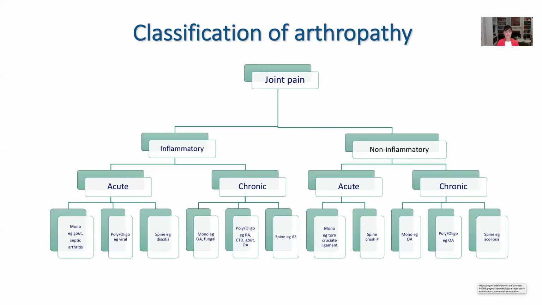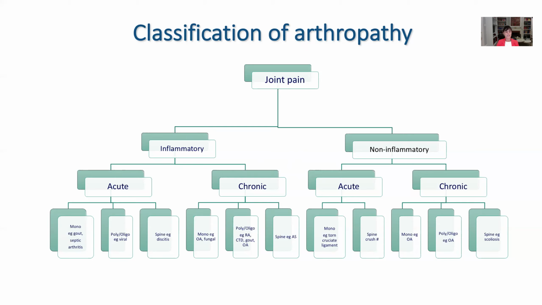So having gleaned all of this information about the presentation with joint pain, it's possible to develop a classification syndrome of arthropathy based on all these features. Firstly, identifying whether the presentation is inflammatory or non-inflammatory will help determine the type of arthritis, and further separating the presentation into acute or chronic based on the duration of symptoms and the onset.